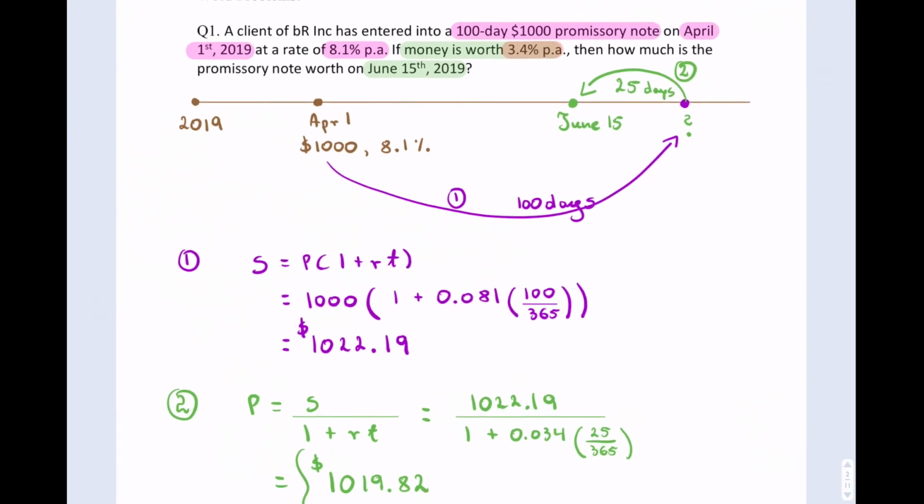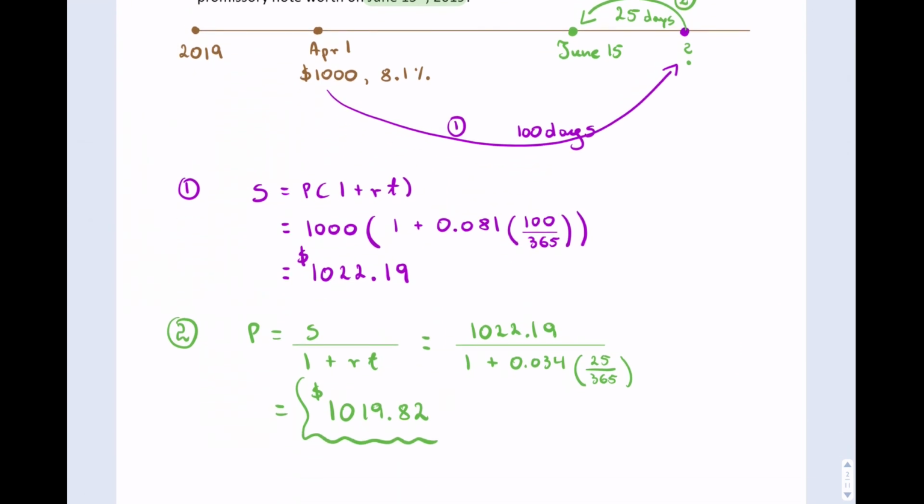So therefore, what we have is that our promissory note on June 15th, 2019, is worth that much.